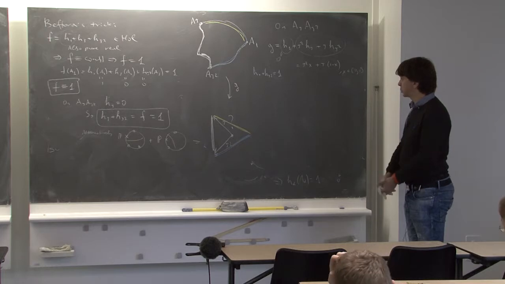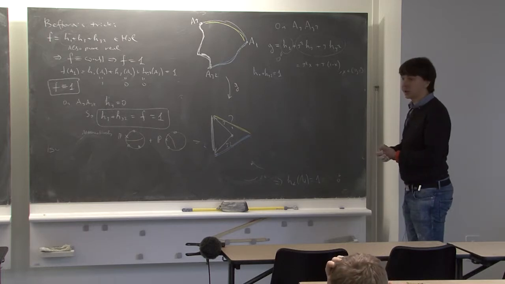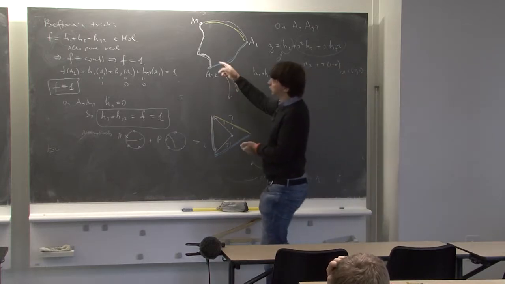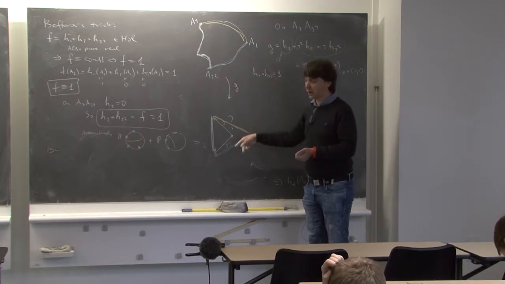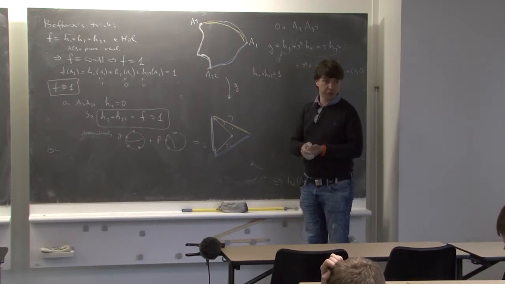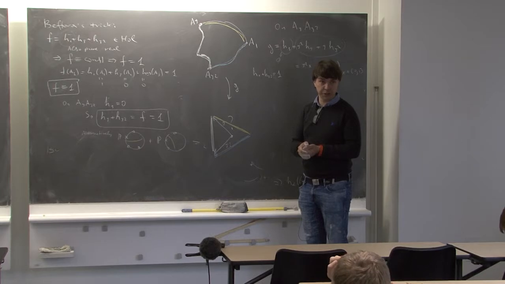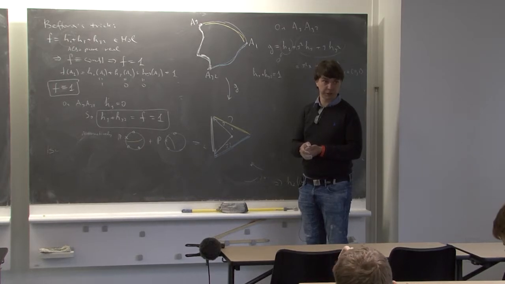But basically what we get here is an analytic function whose boundary values on three arcs lie within the three sides of an equilateral triangle, which means that this function is a map to an equilateral triangle.